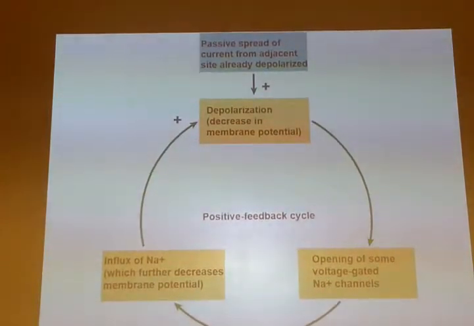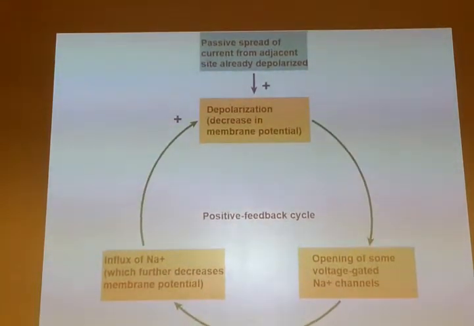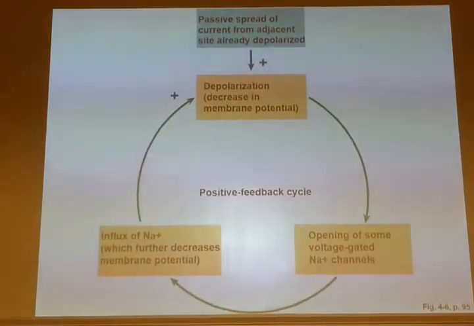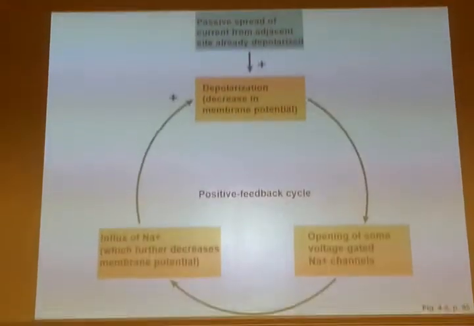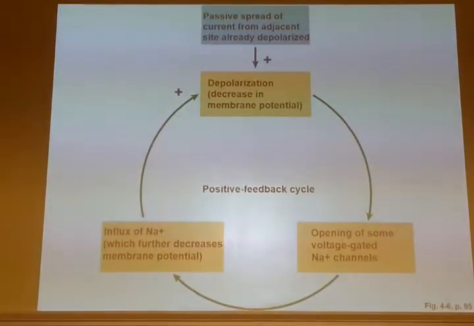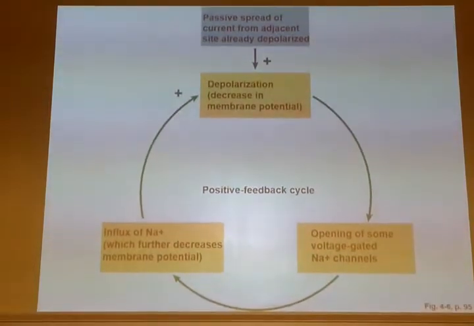So, positive feedback. When positive charges come in, they open channels that allow positive charge to come in the next segment. When that positive charge comes in, it diffuses downstream and opens channels that allow positive charge to come in the next segment.